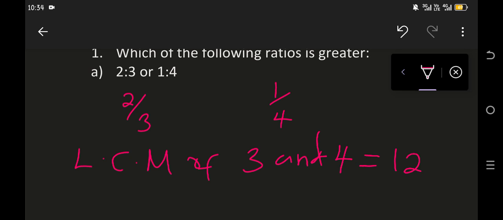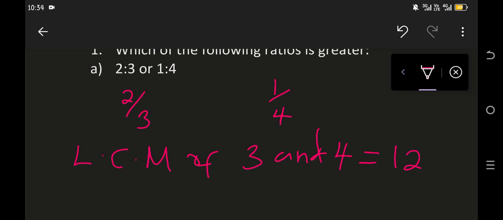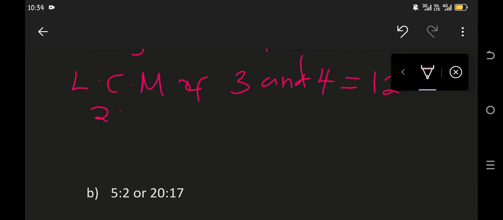So what are you going to do? For the first fraction, 2 over 3, you're going to look for a number such that if you multiply by 3, you get 12. And that number, you'll also multiply it by the numerator 2. So what will you multiply by 3 to get 12? You will take 4. So you will have 3 times 4, and that 4, you also use it in the numerator, 2 times 4.